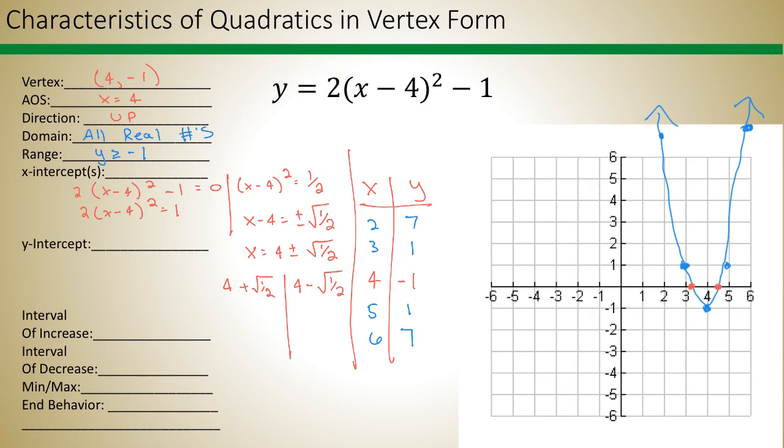So 4 plus the square root of 1/2 is about 4.7, and 4 minus the square root of 1/2 is about 3.3. Okay, so my x-intercepts are the points (4.7, 0) and (3.3, 0).